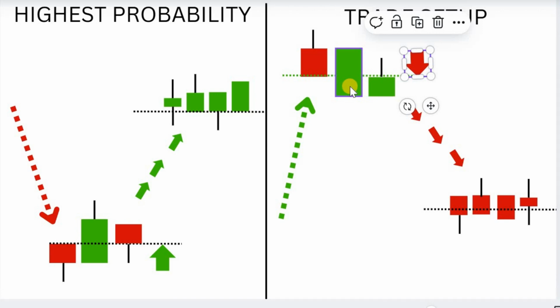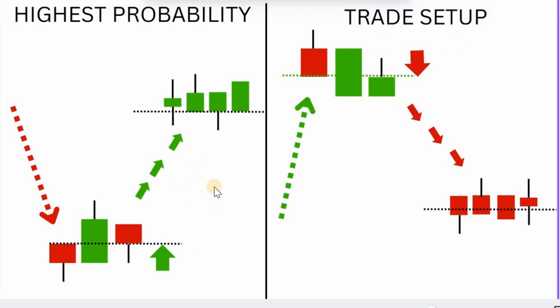So one of such opportunities are some specific candlestick patterns. You need to watch out for this specific candlestick pattern. So after the reversal pattern, when you get any one of these candlestick patterns, then you can continue with the trend.